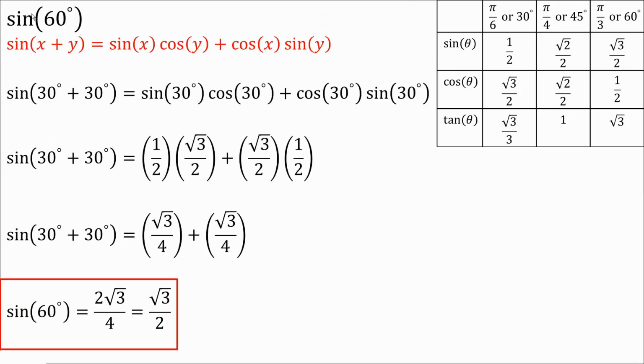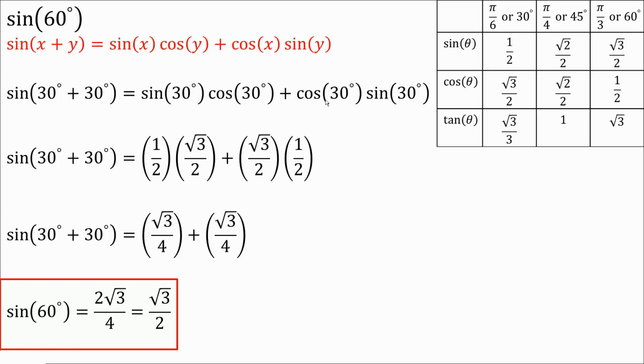And so the first one, I will say sine (x + y) and use that formula. And so instead of saying 60 degrees, I will say 30 plus 30 degrees. And let's try this formula. So we would get sine 30 times cosine 30 plus cosine 30 times sine 30. We know that sine 30 is 1/2, and we know that cosine 30 is going to be the square root of 3 divided by 2.